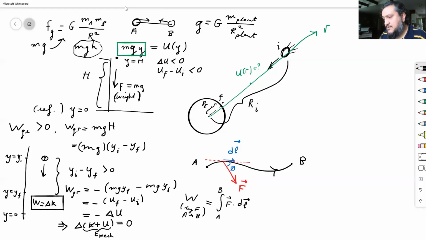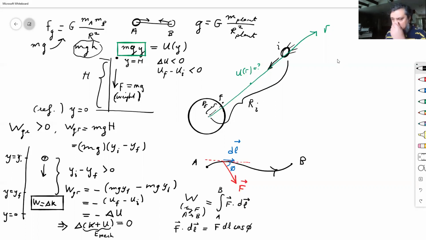Dot means the dot product, right? So the dot product can be written as the magnitude of F times magnitude of dl times the cosine of the angle between the two.